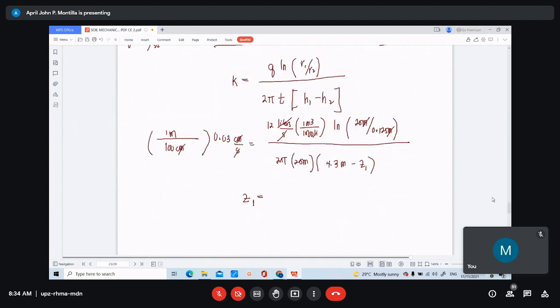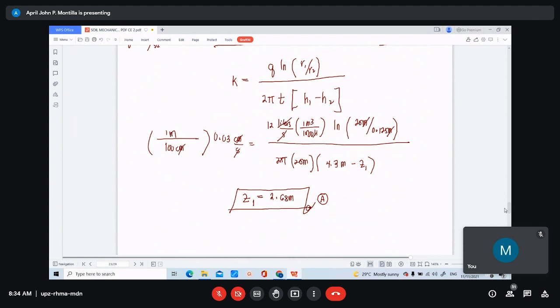So, what is Z1? 2.68 meters. How about the others? Same lang po. Store natin kay A. Hindi tayo nag-round off.